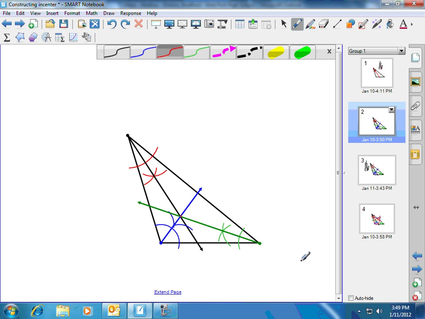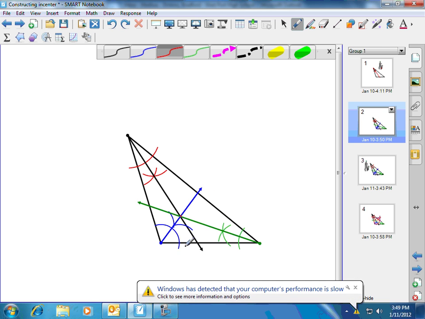All right. And the next part of the directions says to inscribe a circle within the triangle. Okay, so remember the incenter is equidistant from the sides of the triangle. So I can find a perpendicular that goes through a side of the triangle to the incenter.